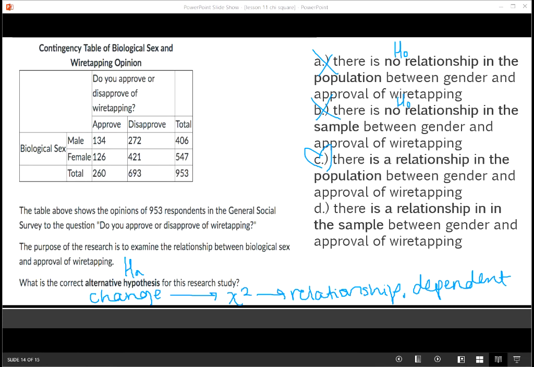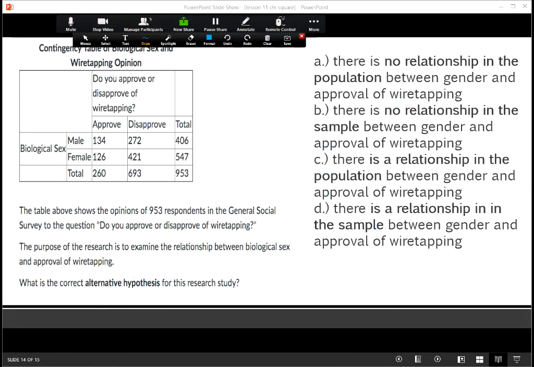So remember, that's what we're talking about here, not our sample, because we're trying to make inferences about our population. That's why we would use P and not P hat if we were going to write these. So yeah, not our sample. So that's why C would be our answer here.